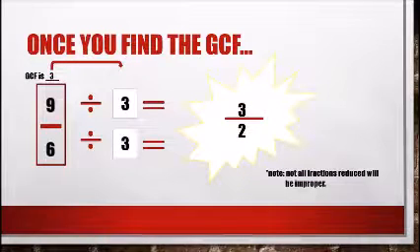To maintain balance of this fraction, you take the greatest common factor of 3 and divide both numerator and denominator by that same number. So we have a numerator of 9 divided by 3 and a denominator of 6 divided by 3 to get 3/2. Now note, not all fractions once reduced become an improper fraction. Just this example in this case.